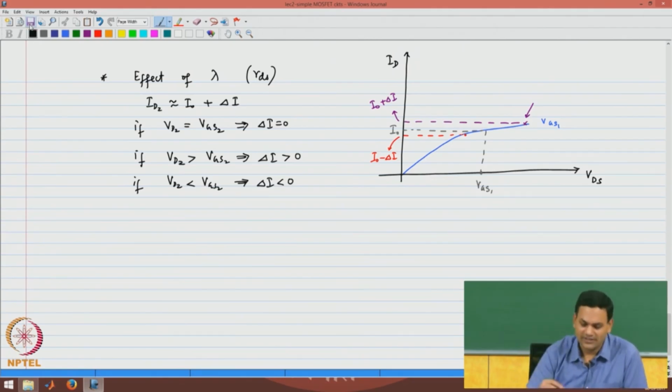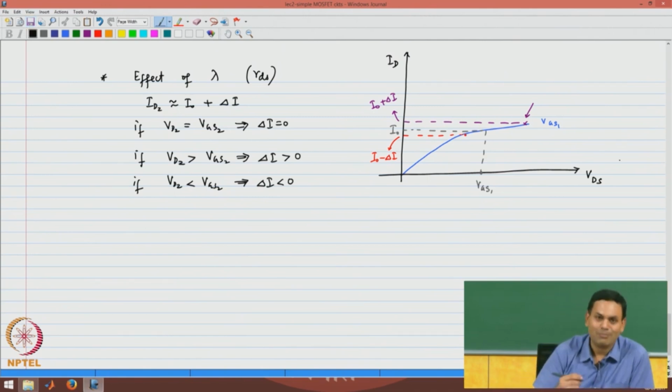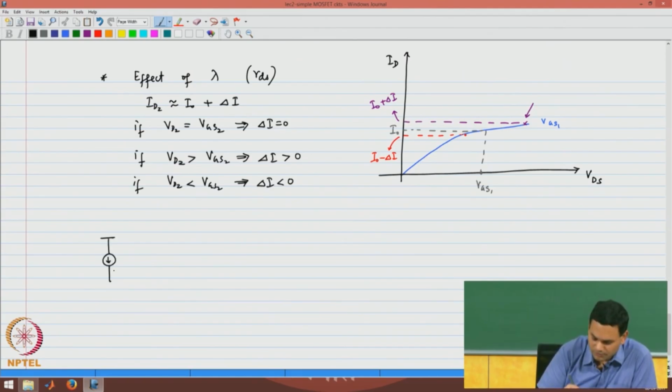Now, the nice thing about this circuit is that you can now generate many copies of this current using just a single MOSFET M1.